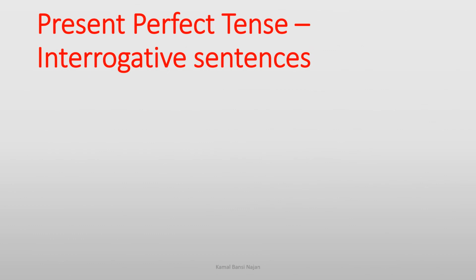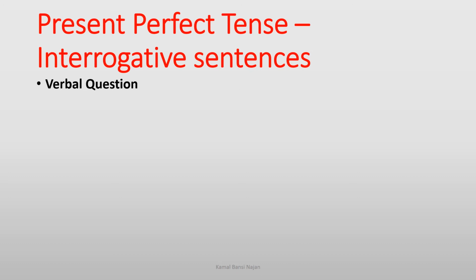Now let's concentrate on present perfect tense interrogative sentences. Interrogative sentences, that is questions. And questions are two types: verbal questions and WH questions.